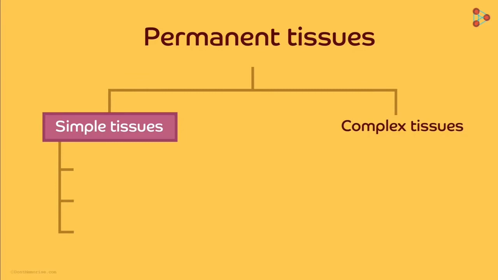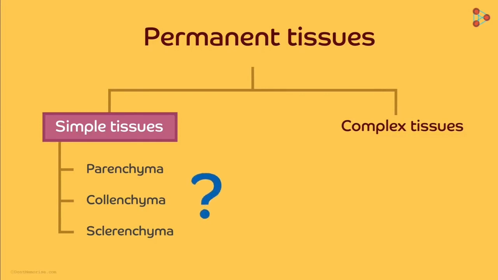Yes, and do you want to know what they're called? Parenchyma, collenchyma, and sclerenchyma are the 3 types of simple permanent tissues. If you must know in one word what each of these tissues do, let us see what they can be called otherwise. Parenchyma can be called a filler tissue. Collenchyma is a supporter, while sclerenchyma is a protector tissue.